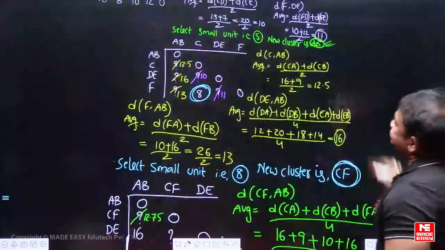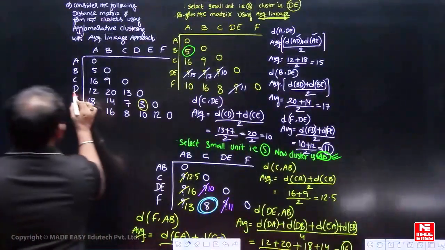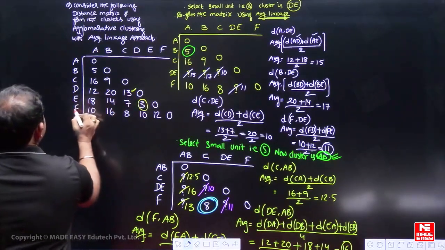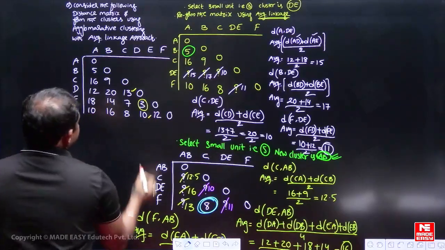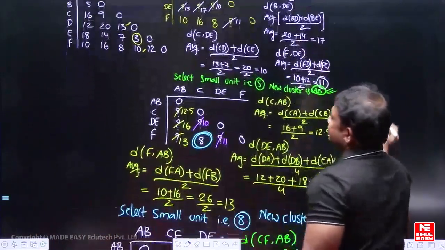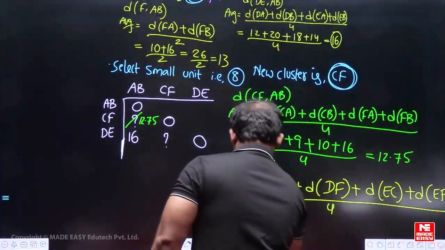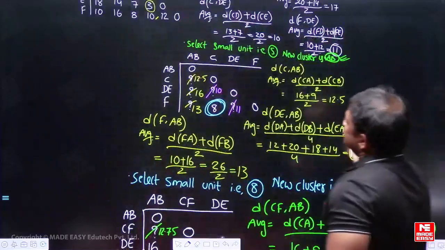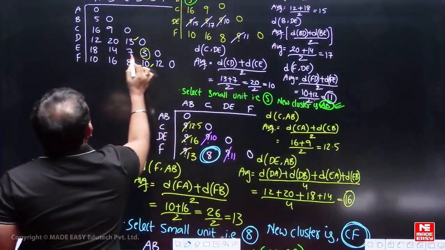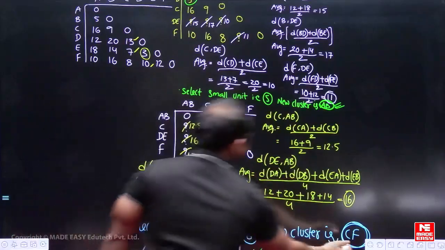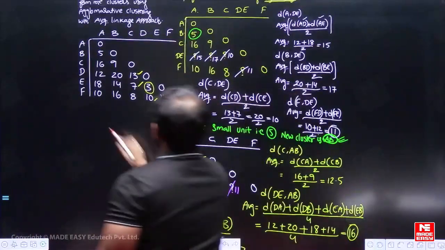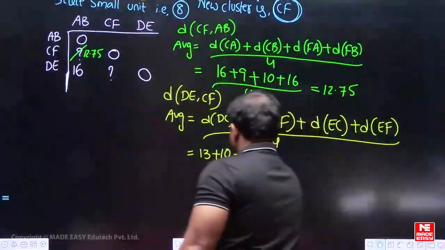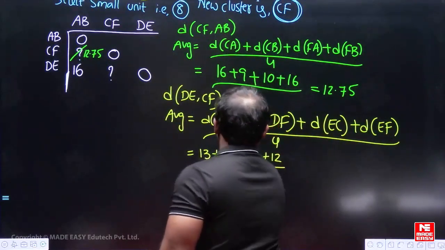DC is 13, DF is 10, so 13 plus 10, plus EC 7, EF 12, so 7 plus 12, divided by 4.